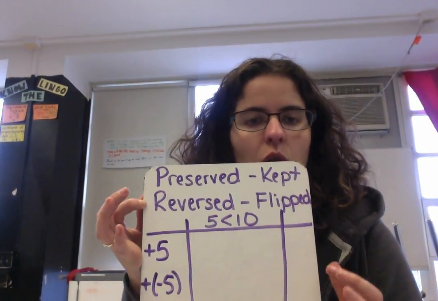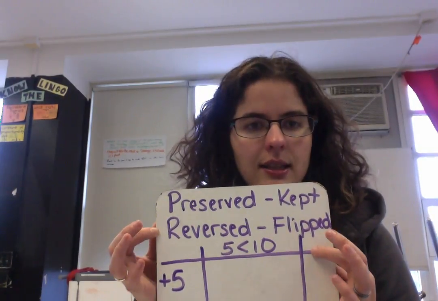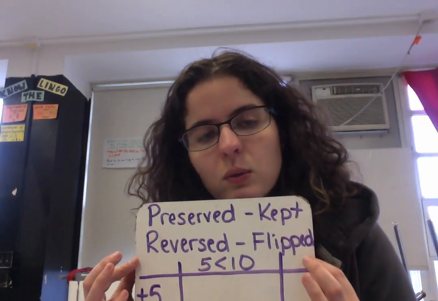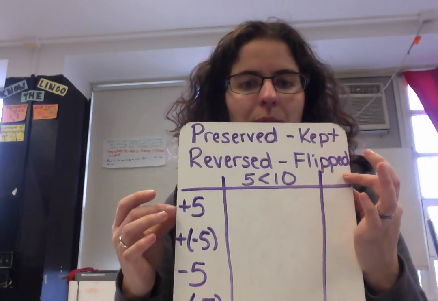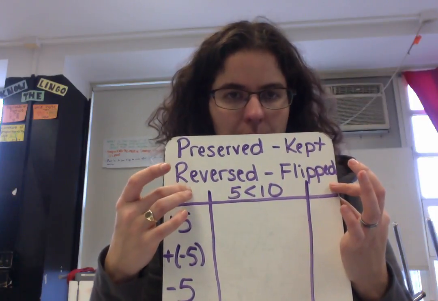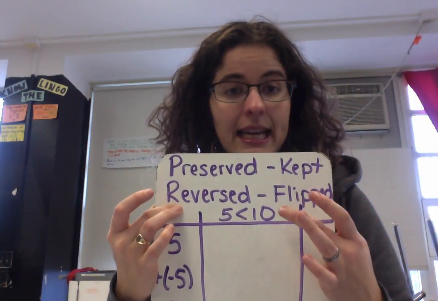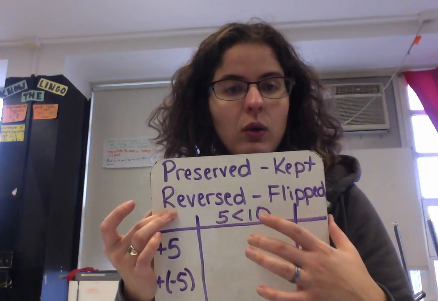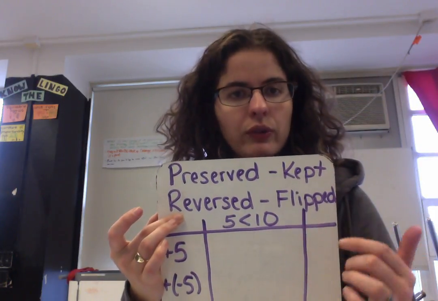Okay? So we looked at this inequality 5 is less than 10, which everybody agreed is true. And we examined what happened when you did different operations upon it. So basically, when you did different things to this inequality, did that symbol stay the same, or did the inequality actually reverse or flip?